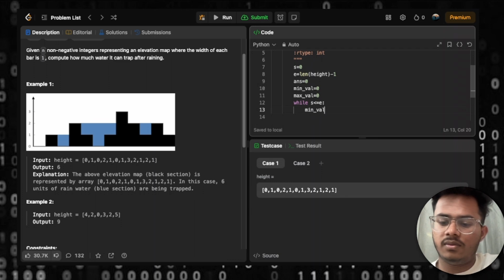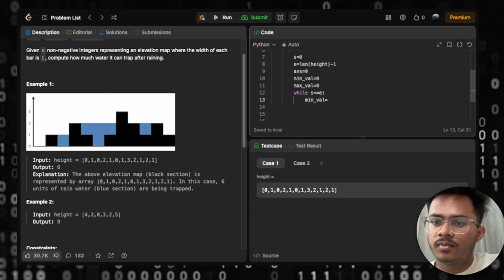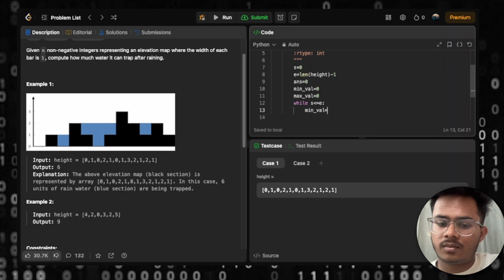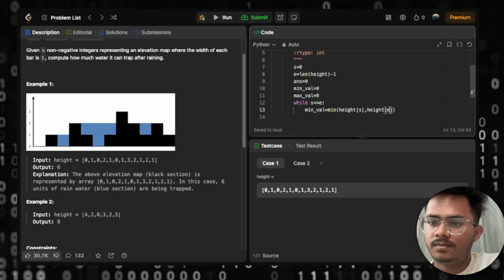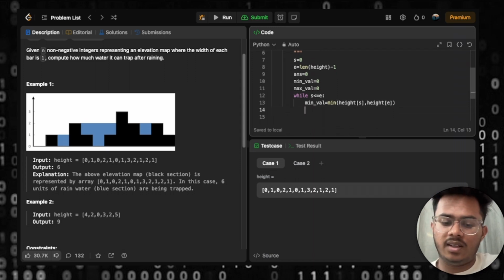Min value equals the minimum of the height of the starting point and the height of the ending point. This calculates the minimum of both start and end. Then the max value equals the maximum of both the maximum and minimum.